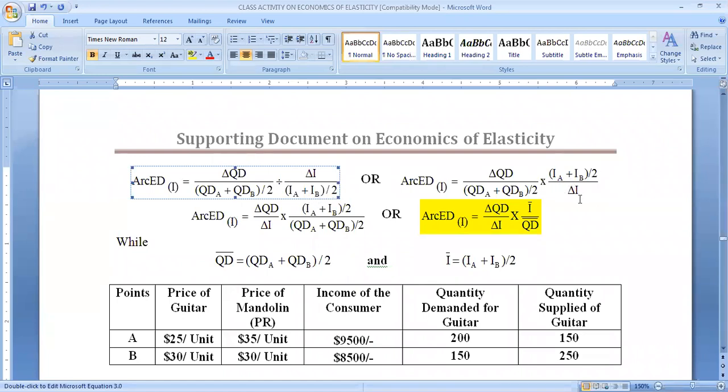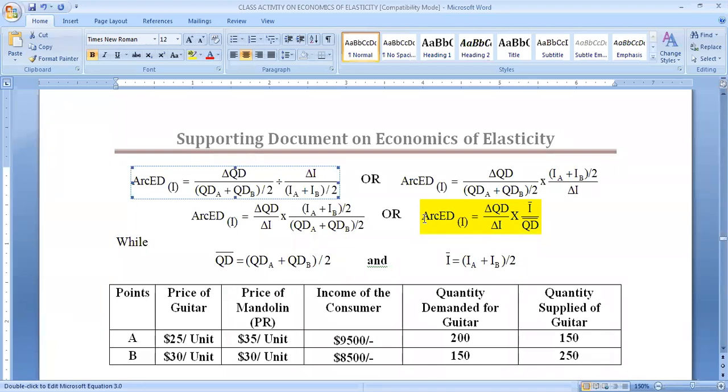So you could see here delta QD over average quantity demanded of 2 points multiplied by average income of 2 points divided by delta I. I'm going to convert these delta terms into one fraction in the next step, which is delta QD over delta I multiplied by average income of 2 points divided by average quantity demanded of 2 points.